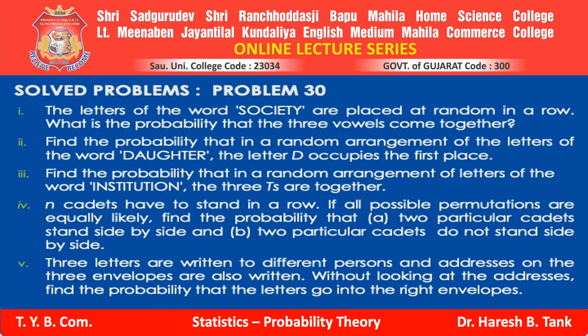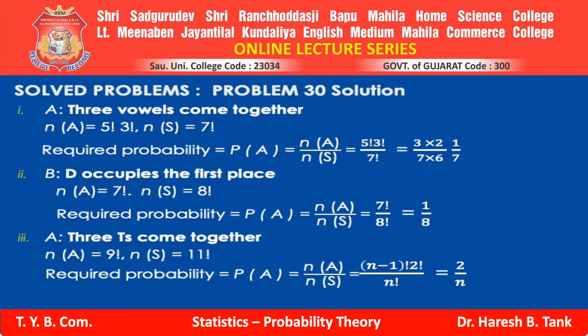And the fifth example is 3 letters are written to different persons and addresses on the 3 envelopes are also written. Without looking at the addresses, find the probability that letters go into the right envelopes. Let us see one after another. First things first, let us see one by one.